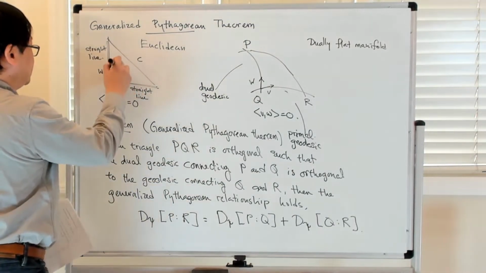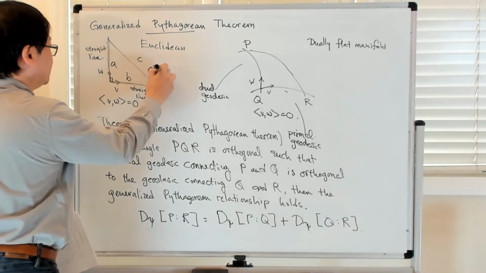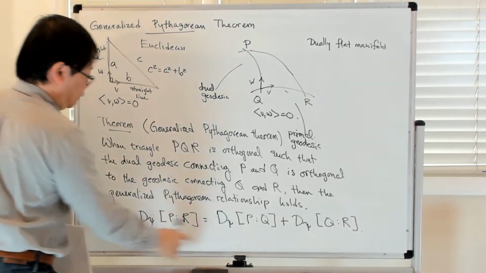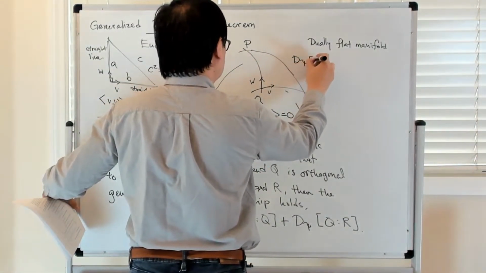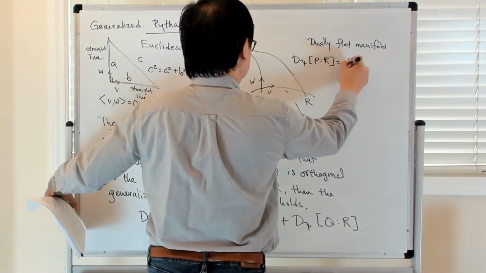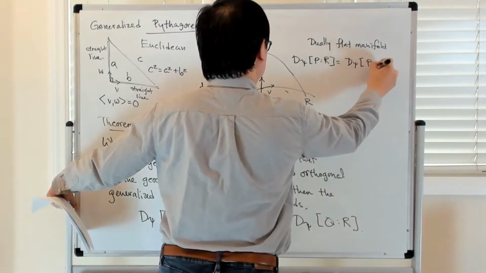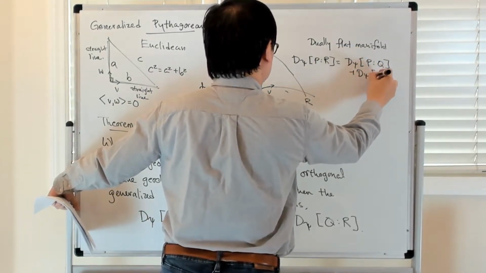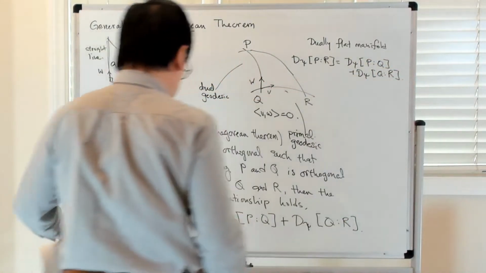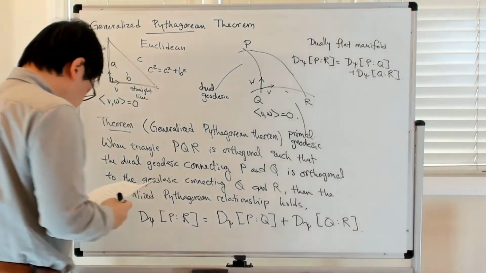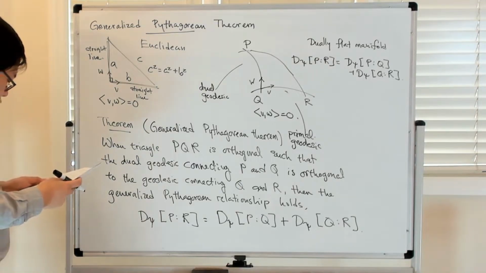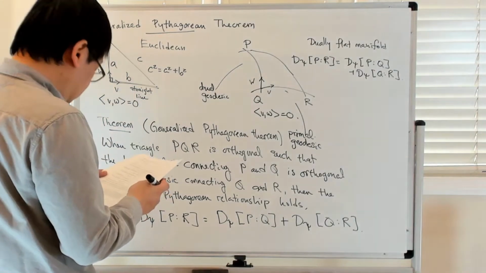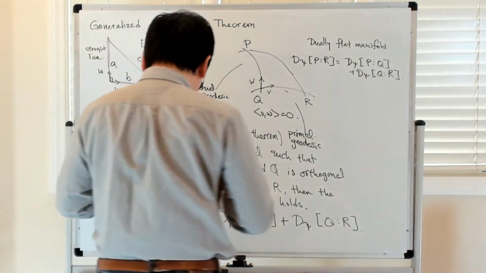So this was c, this was a, and this is b, and you have that c squared is equal to a squared plus b squared. This is the corresponding notion here.